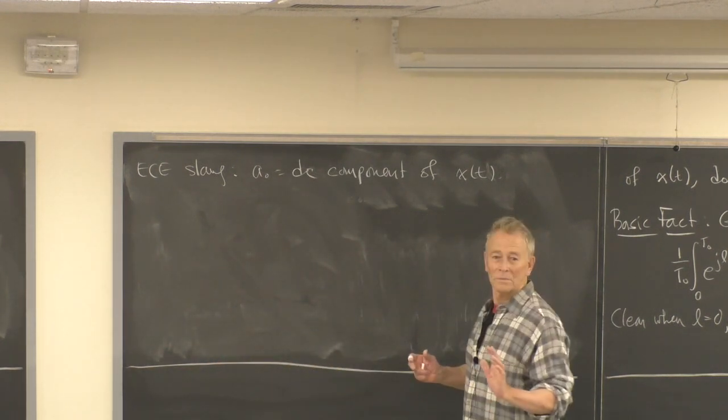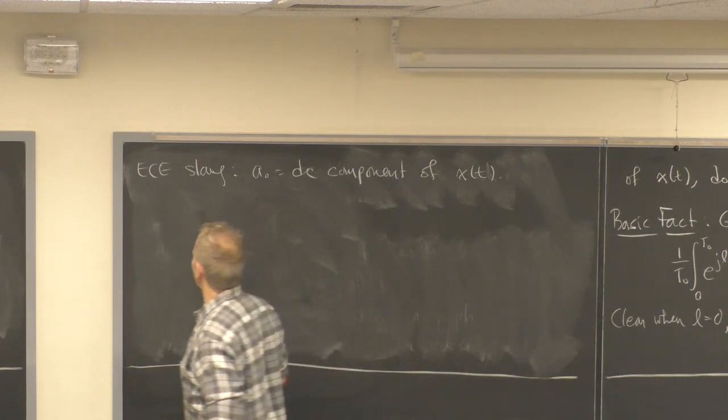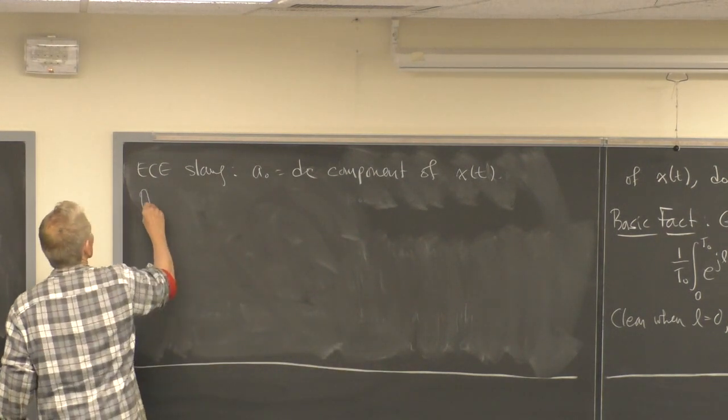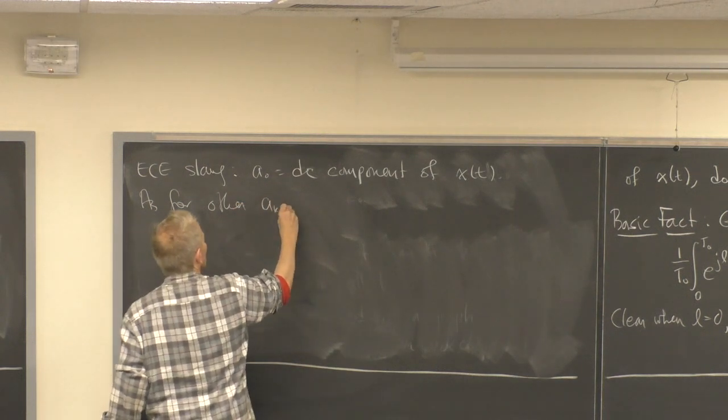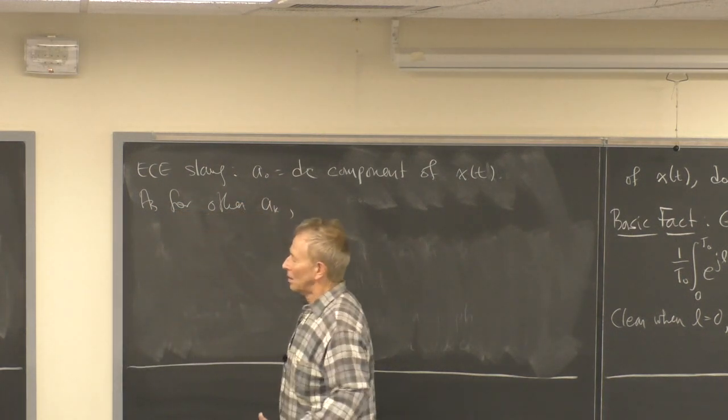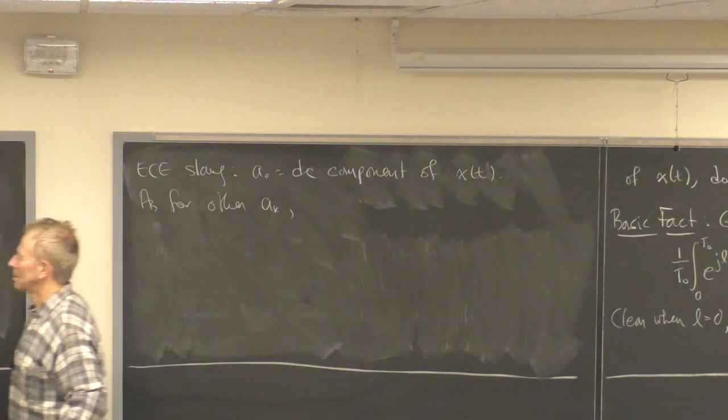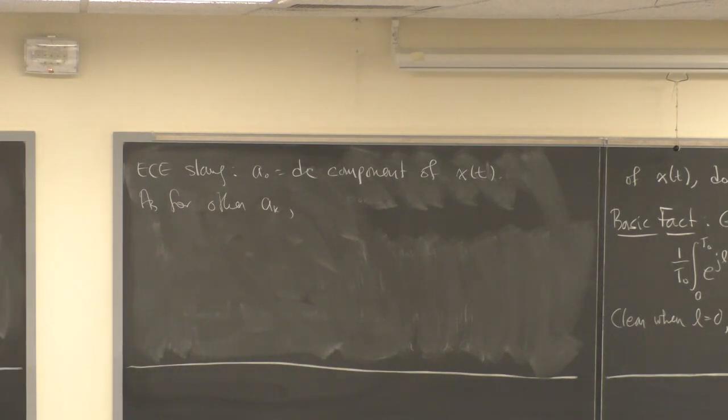All right, next step, let's figure out the other AKs. Well, we take the expression that we have for x of t, and we multiply both sides, and I'll give this equation a name. Let's call it double star, because I already used up star on something else.